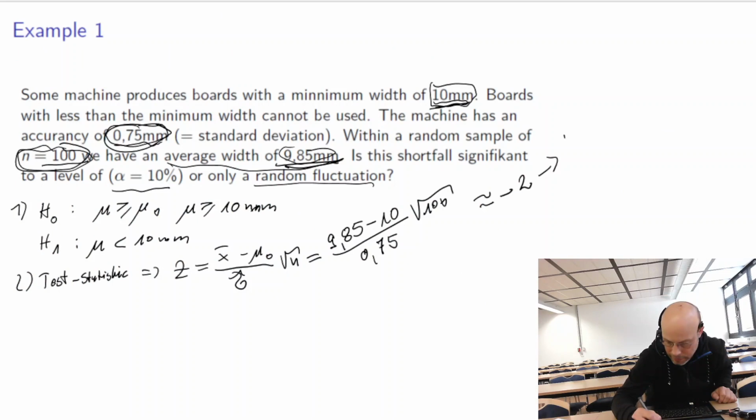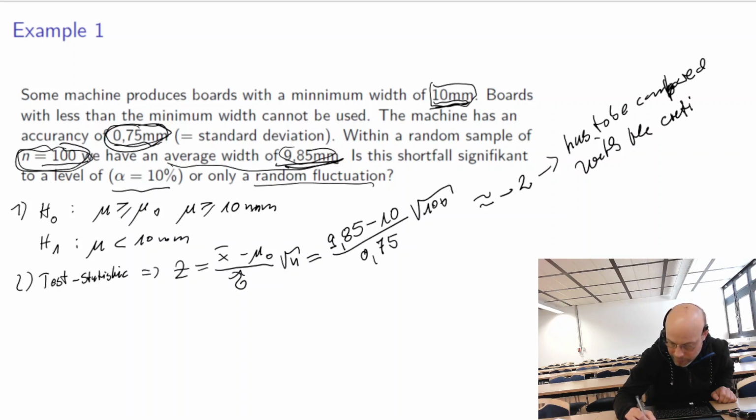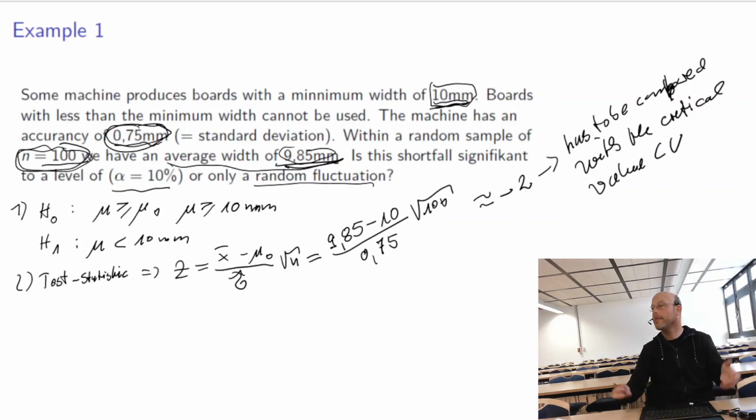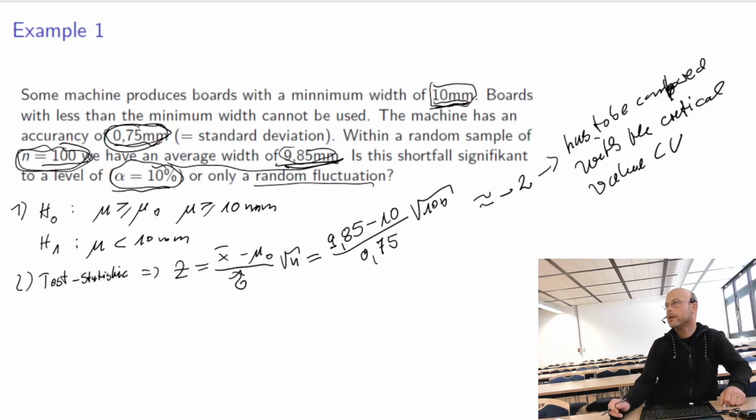This has to be compared with the critical value CV. And there I told you the critical value depends, of course, on my error probability, my confidence level.